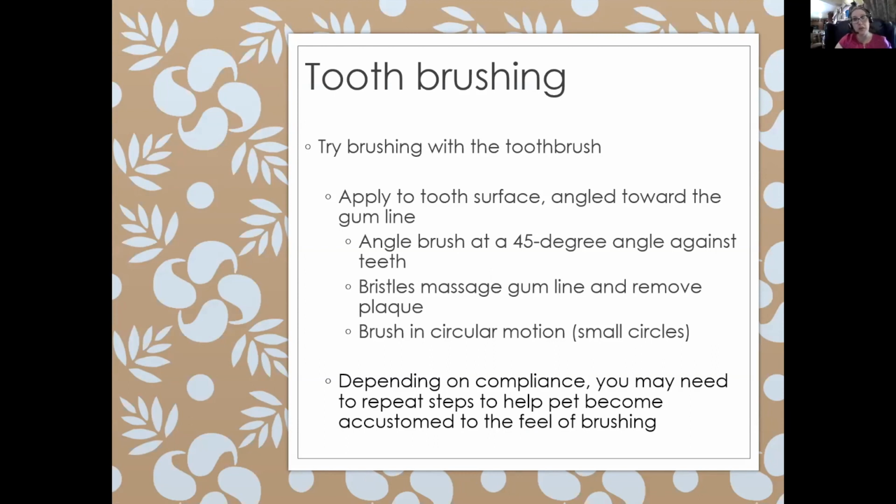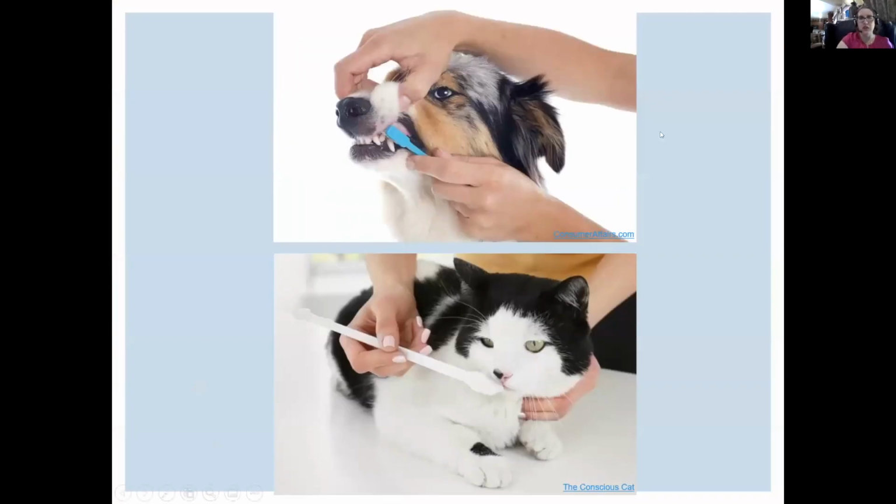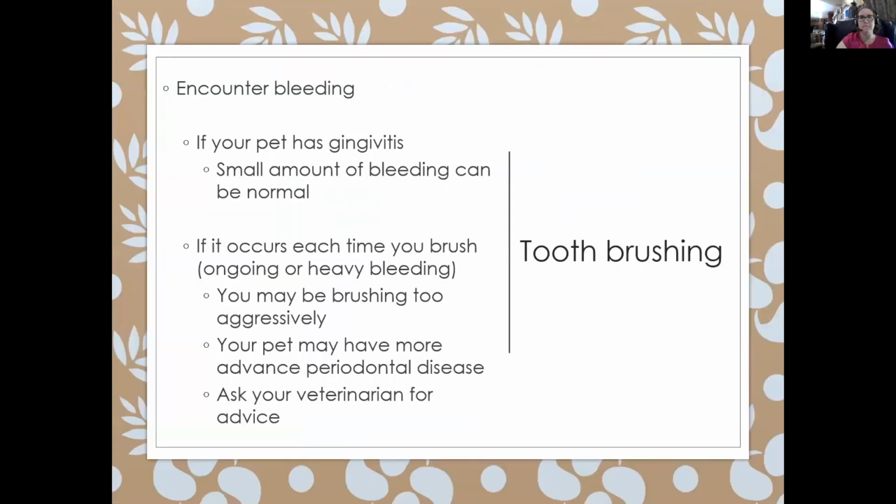And depending upon the compliance of the pet, you may need to repeat these steps, so let them become accustomed to having a toothbrush in the mouth. So here, in that circular motion, angled towards the gum line. Same thing with the cat. These are the steps that you're going to want to take.